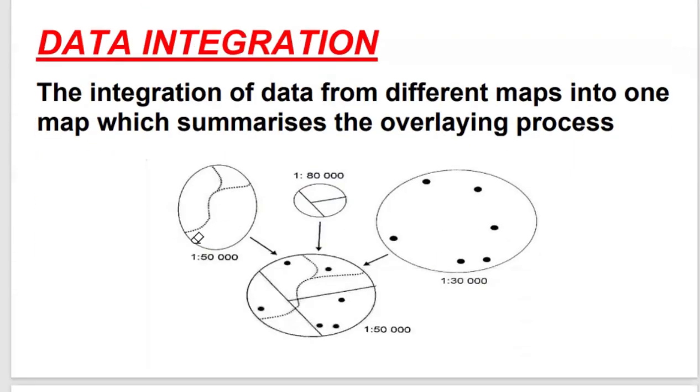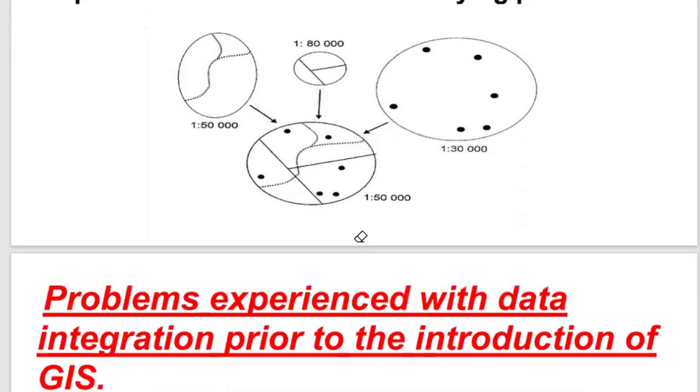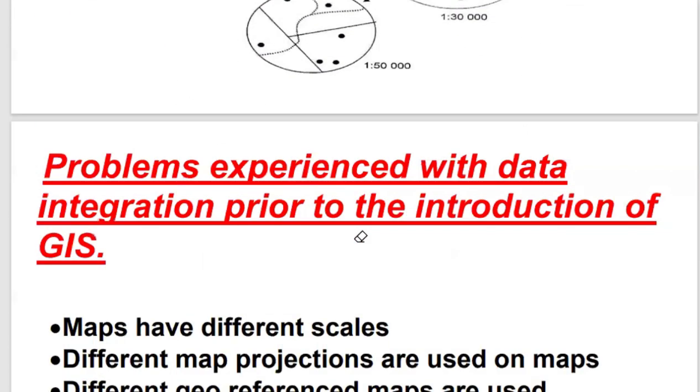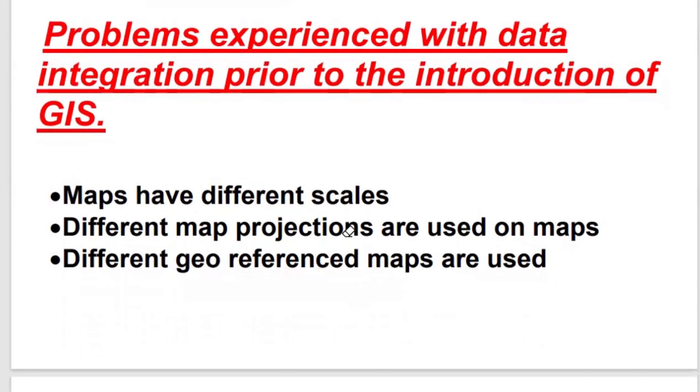So we can see there we have different maps with different scales. One has got a scale of 1:50,000. The other one has got a scale of 1:80, 1:30, and another one 1:50,000. What are the problems of integrating data? We want to bring data from different maps, or we want to merge different maps of different scales. The first difficulty is that maps have got different scales.